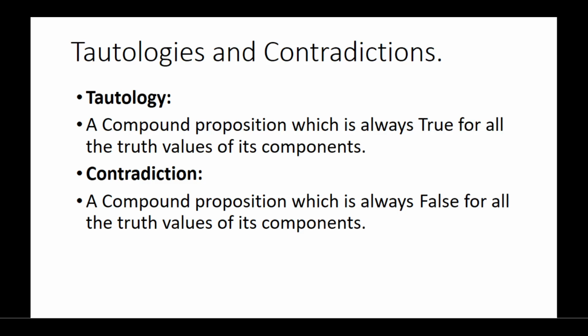If you put T for P and T for Q, then it is true. If one is false and one is true, it is true. If one is true and the other is false, it is also true. If both are false, it is also true. Such a compound proposition is called a tautology. On the other hand, a compound proposition which is always false for all the truth values of its components is called a contradiction.